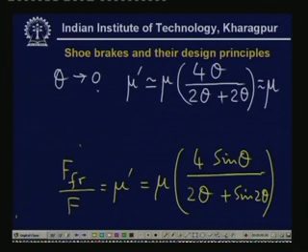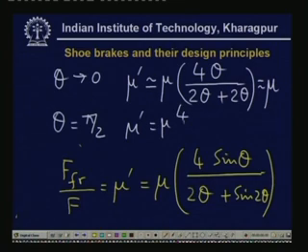For a very small angle mu prime is equal to mu, and at theta equal to pi by 2, mu prime is equal to 4 mu divided by, this is 2 times pi by 2 and this is 0, therefore divided by pi, and this is roughly equal to 1.3 mu. So, if you increase theta from 0 to pi by 2, this factor increases from 1 to 1.3.